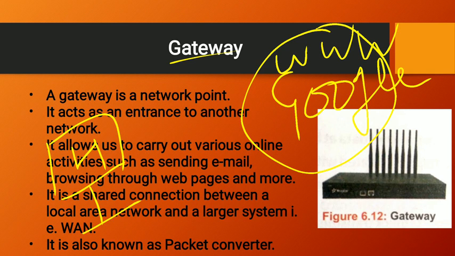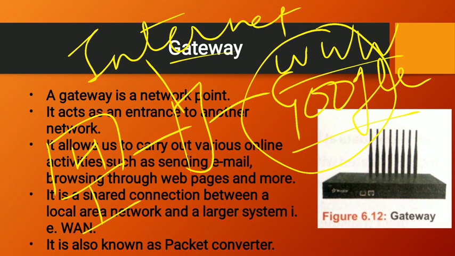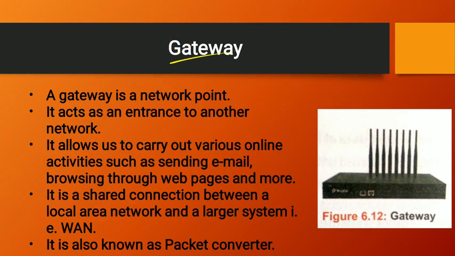That will be your gateway to reach the network. If you have the internet, then you can connect to the world wide web. If you don't have the internet, you cannot access the world wide web or Google. So that is the gateway which makes us connect with Google or the world wide web, all the websites which we use through the internet and Wi-Fi.